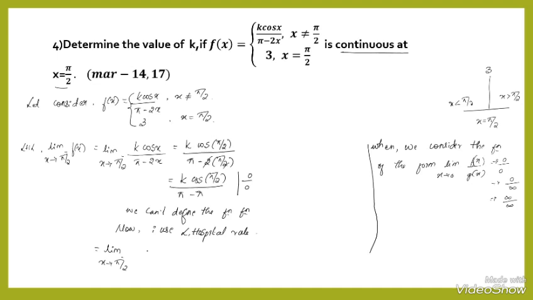Limit x tends to pi by 2 minus k into minus of sin x, sin pi by 2, divided by minus 2. Here, sin pi by 2 will be 1. That is minus k, minus of sin pi by 2 value 1, minus of k divided by minus 2. Minus minus gets cancelled. The value becomes k by 2.